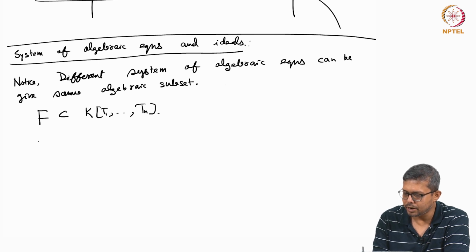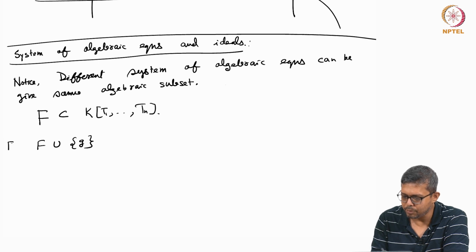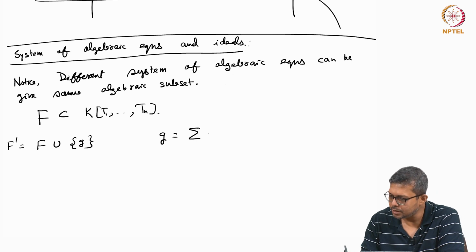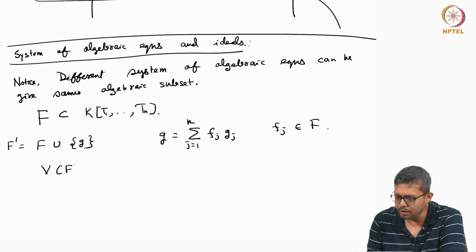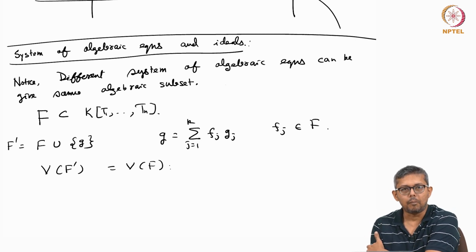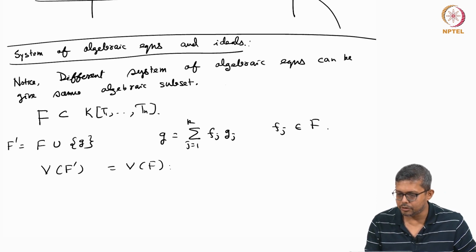If I adjoin something like F union G, call it F', where G consists of elements that you can write as the sum of fj gj, j equal to 1 to k, with the fj in F, then V(F') and V(F) are the same.